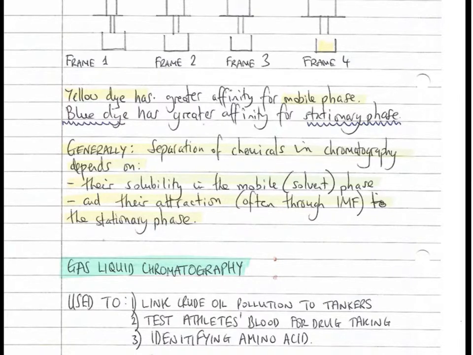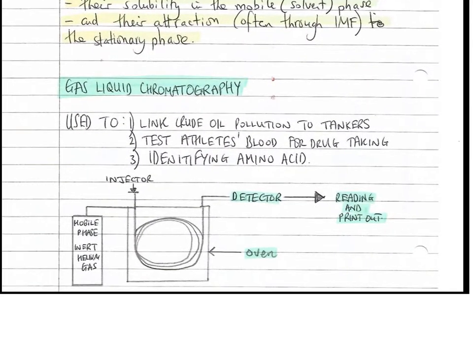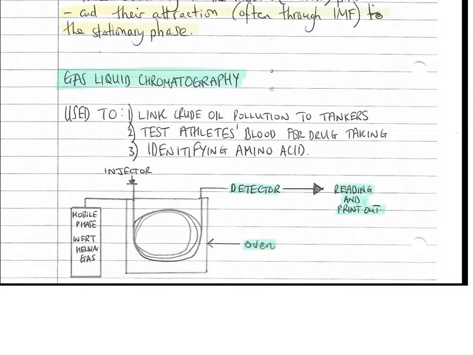The last one is to look at gas-liquid chromatography. This can be used to link crude oil pollution to tankers. It could test athletes' blood for drug taking, and it can also identify amino acids. So this is how it works. We have a mobile phase, which is inert helium gas, so it doesn't react with the sample.